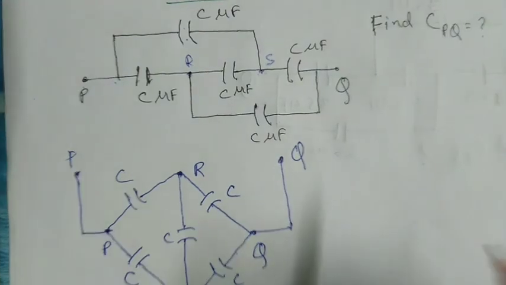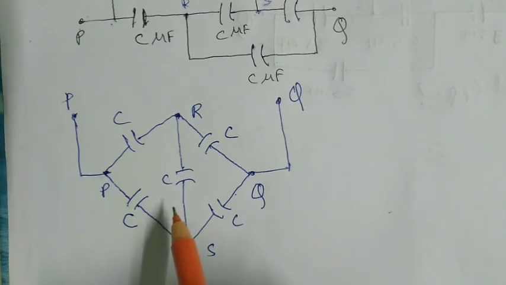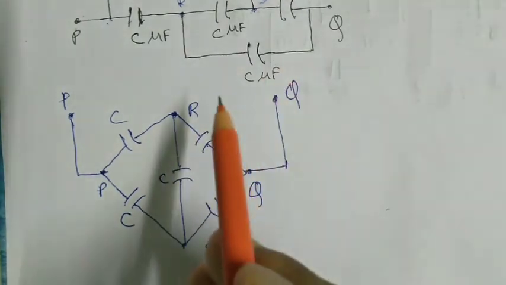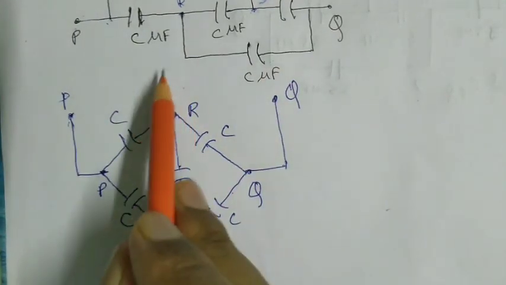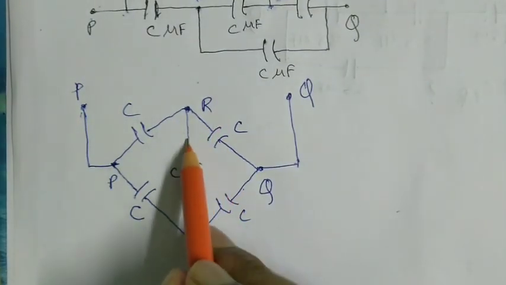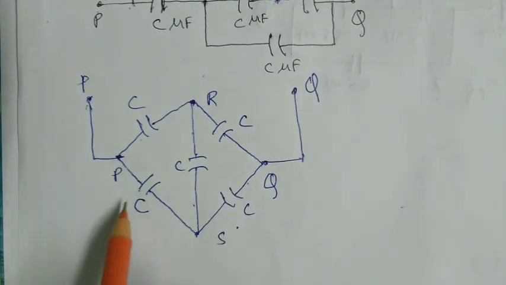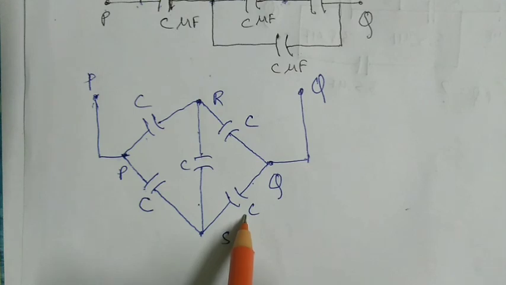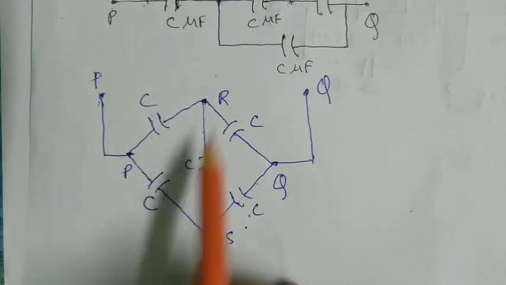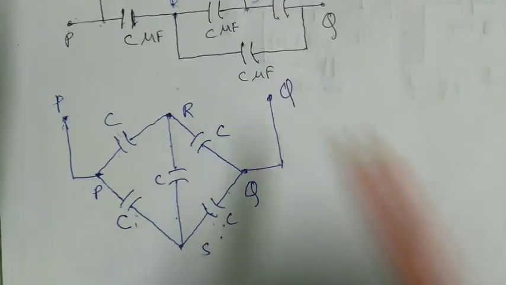And I think you know what kind of bridge this is. This is one Wheatstone bridge. Whenever we apply a voltage across this, there will be no current flowing through this branch. Why? Because the multiplication of these opposite branches is the same.